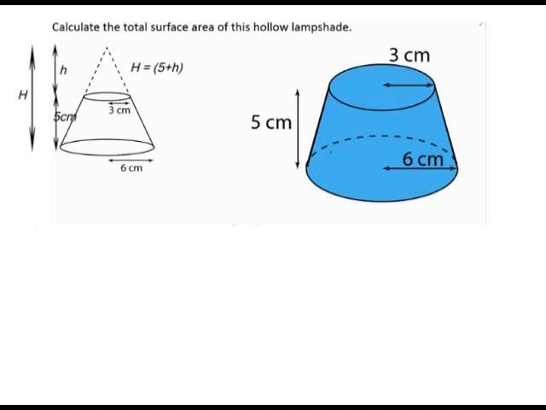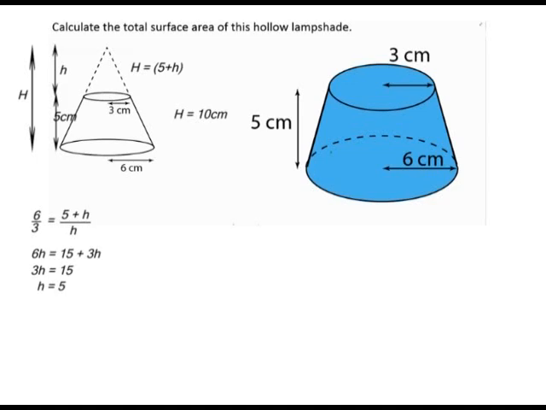So we have 6 over 3 is equal to 5 plus h over h. 6h is equal to 15 plus 3h. 3h is equal to 15 and h is 5 centimeters. And so if h is 5 centimeters, then h capital is 5 plus 5, which is equal to 10 centimeters.